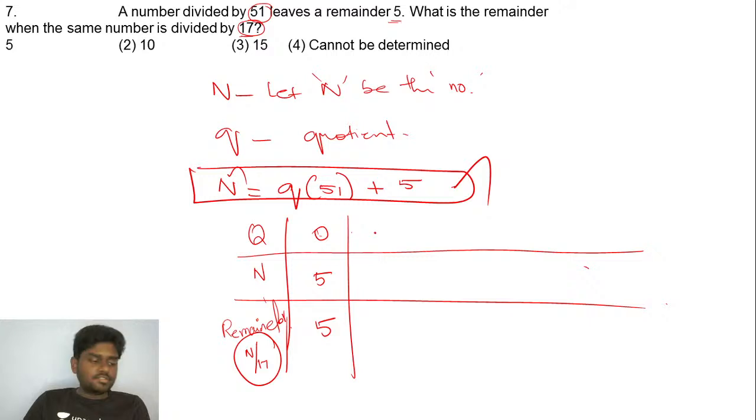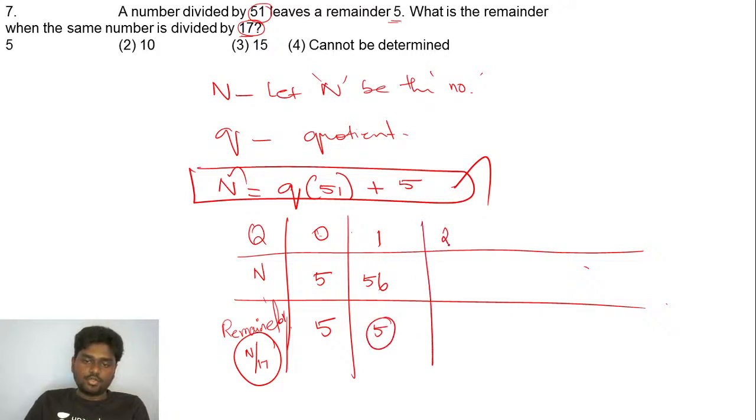And if it happens with 1, I'll be getting 56, such that 6 minus 1 will again give me the remainder to be 5.